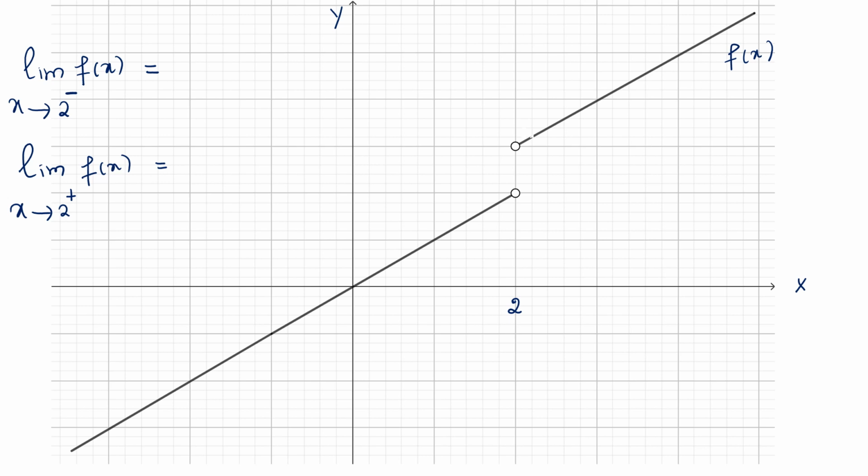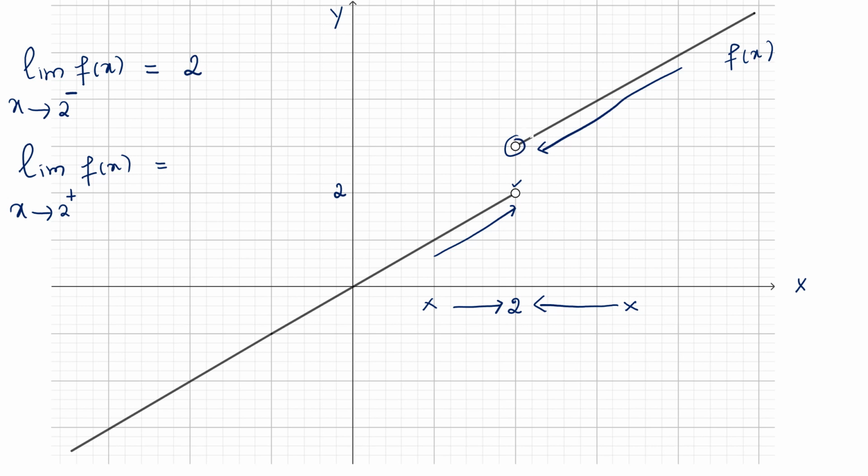Now here, x approaches 2 from the left side, meaning f of x approaches this point here. What is this point? The corresponding number here is 1, 2. So as x approaches 2, f of x approaches this point, and the corresponding value is 2. And suppose here x approaches 2 from the right side. On the right side, f of x approaches this point.